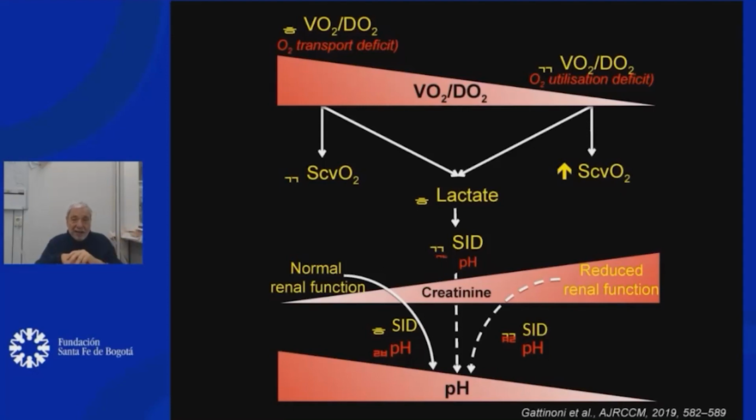So, to summarize, the alactic base excess tells you kidney function and acidosis. Lactate goes up in whatever situation you have, SvO2 goes up when the utilization is low, or goes down when the transport is low. And this may help you orient a little bit the sepsis treatment.